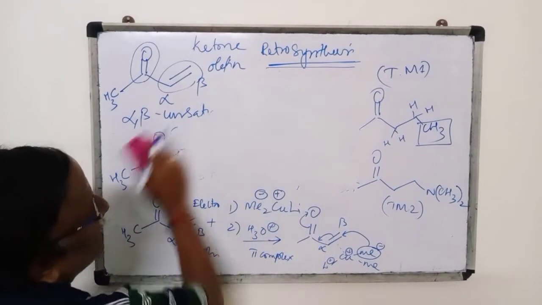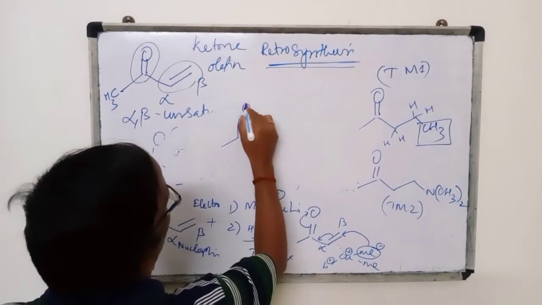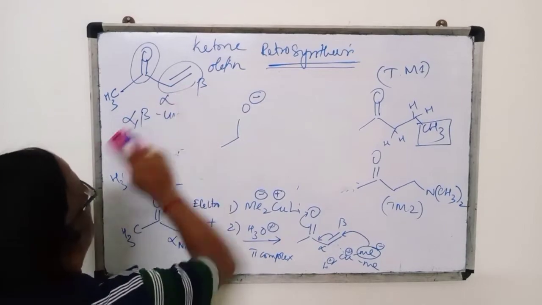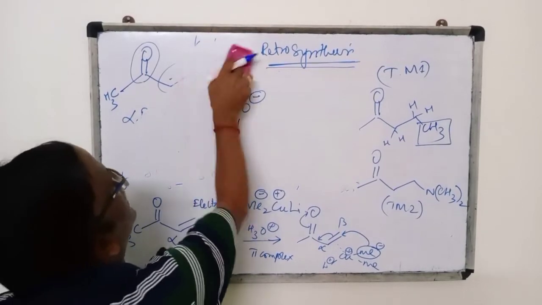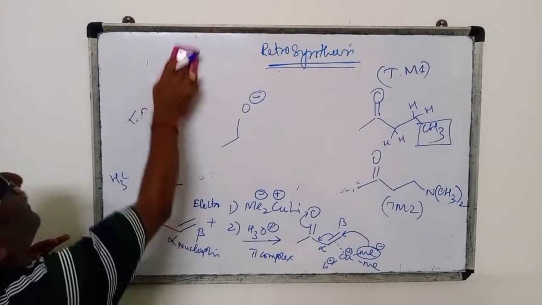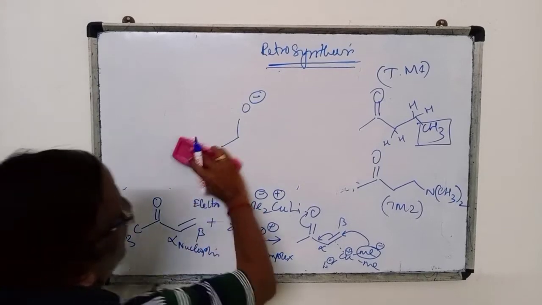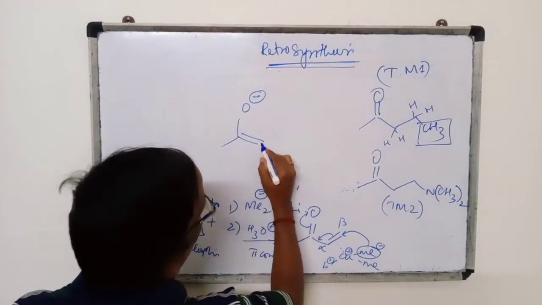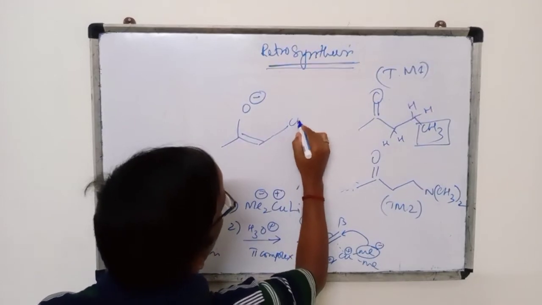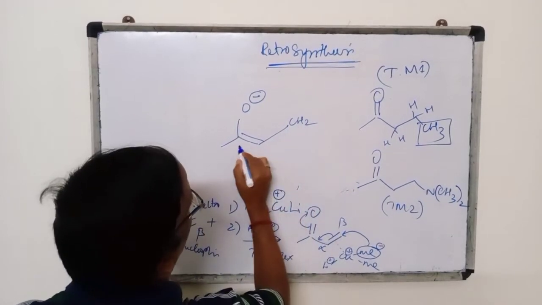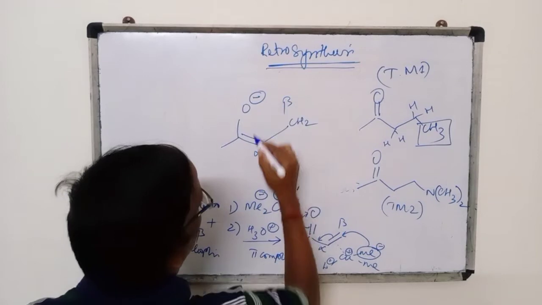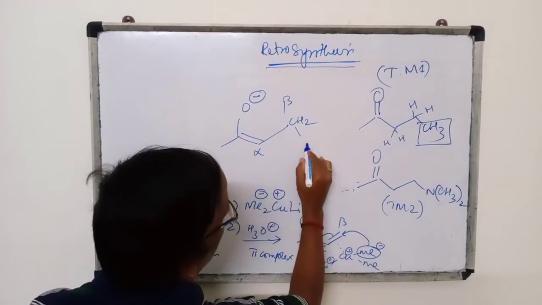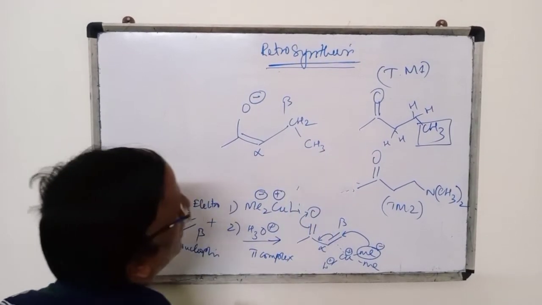And upon hydrolysis, you will have the formation of a negative charge species here, and a carbon-carbon bond formation. This is your beta carbon, and this is your alpha carbon, and your nucleophile. What is the nucleophile here? A CH3 group.